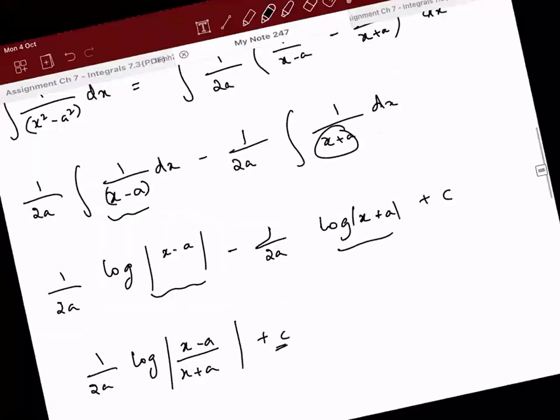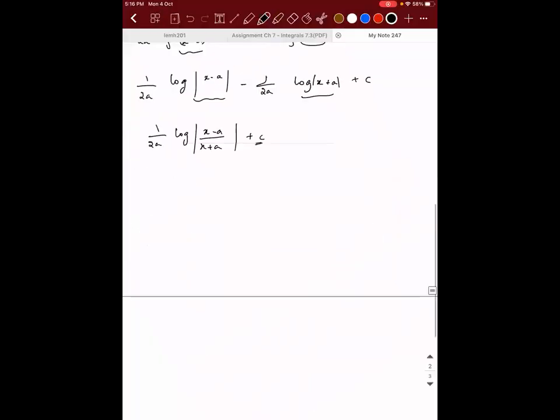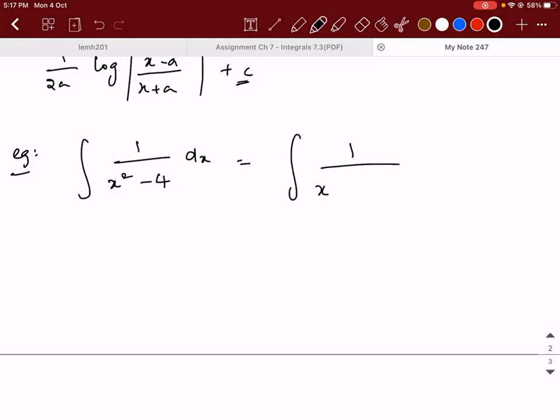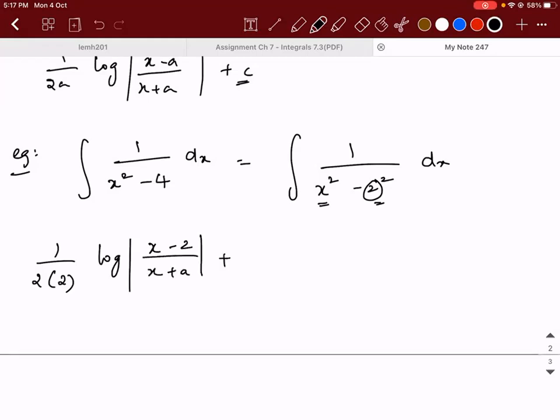Okay. So if you're done, I will show how to apply this. Integral of 1 by x square minus 4 dx. So it will be integral of 1 divided by x square minus 2 square times dx. What is integral of 1 by x square minus a square? 1 by 2a, a is 2 here, log of mod x minus a divided by x plus a plus c.